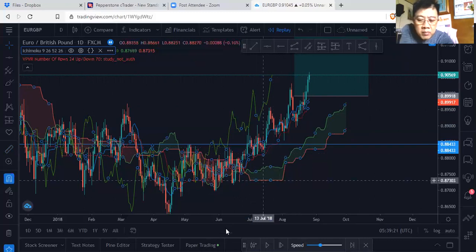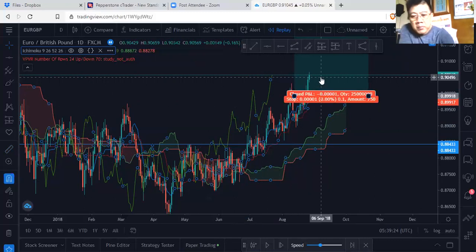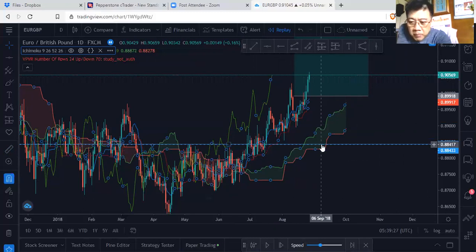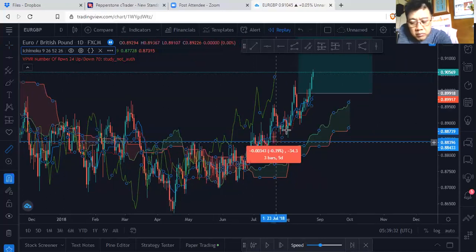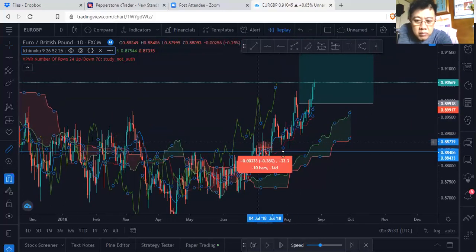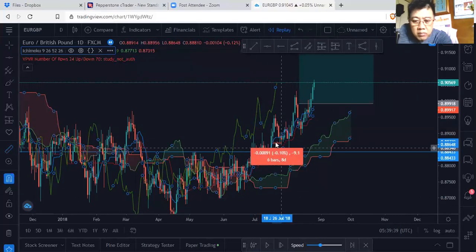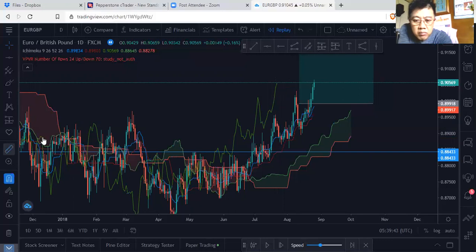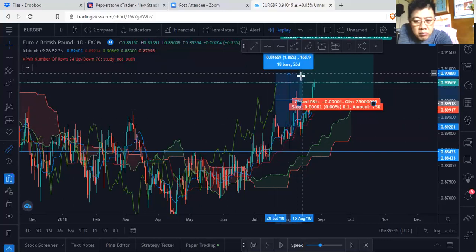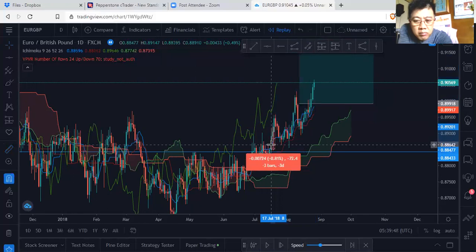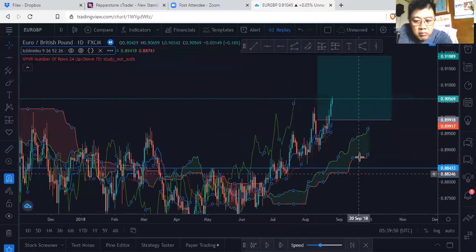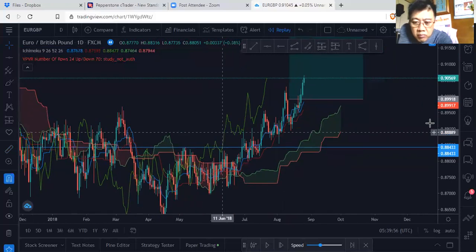But this is already a winner. Measurement. I'm confused how to use this one. I just recently started doing the back testing. This is already a winner, but I cannot measure how many pips from here because I need to calculate plus and minus.